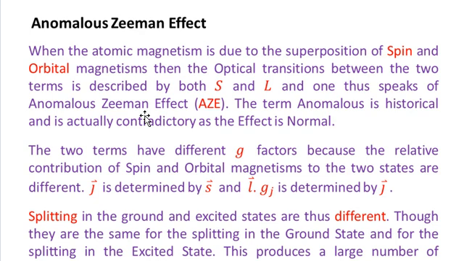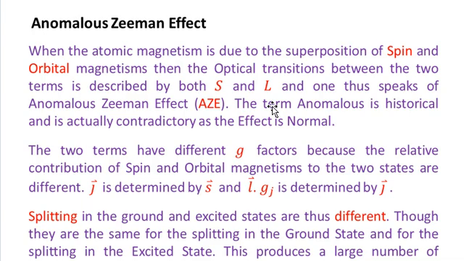In principle, the anomalous Zeeman effect is not an abnormal Zeeman effect. It is actually a normal Zeeman effect, because at that time the spin magnetism was ignored. Now, if we incorporate both spin magnetism and orbital magnetism, then this anomalous Zeeman effect can be explained very well, and we shall see that this is not anomalous or abnormal, but may be regarded as the normal Zeeman effect.